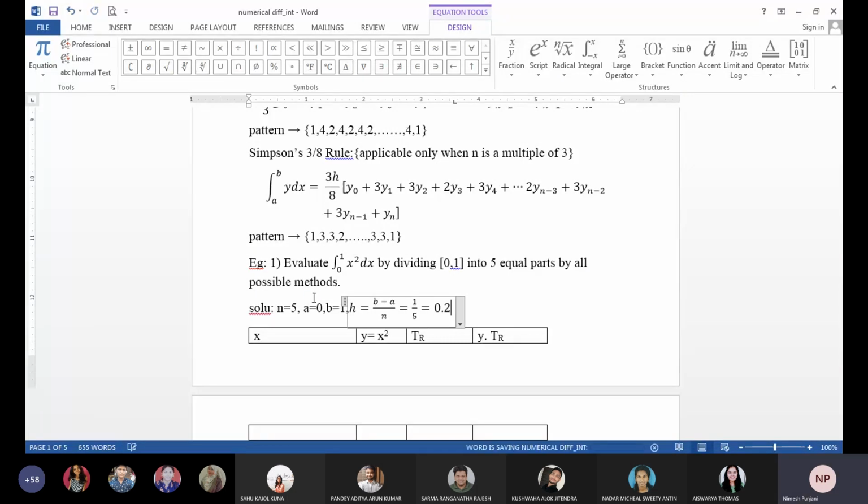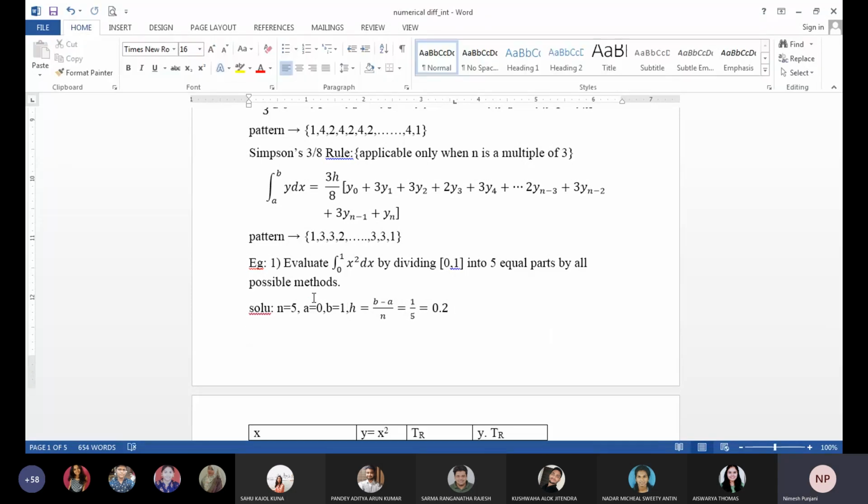So 1 upon 5 is 0.2. So again I repeat, my h is 0.2. And how do I calculate that h? It is b minus a upon n, where my b is 1, a is 0, n is 5.